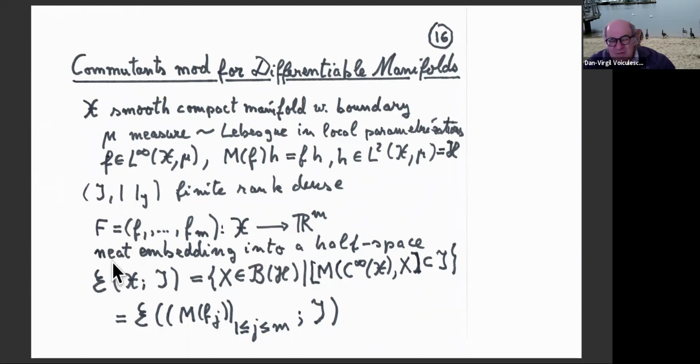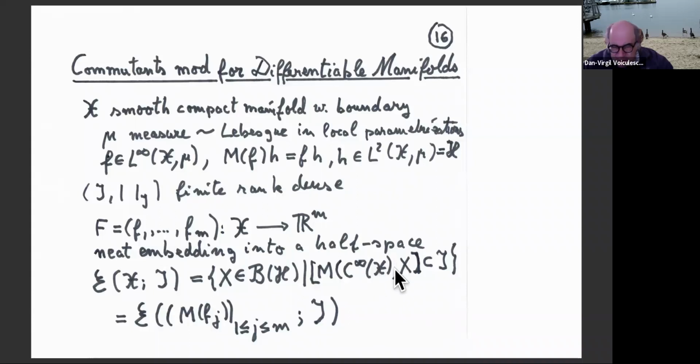In the case I have boundary, there is this condition, neat embedding, but I'm not going to bother you with this. So you take any embedding of X into some R^m, and then what you do is you take the commutant of all multiplication operators by C infinity functions.